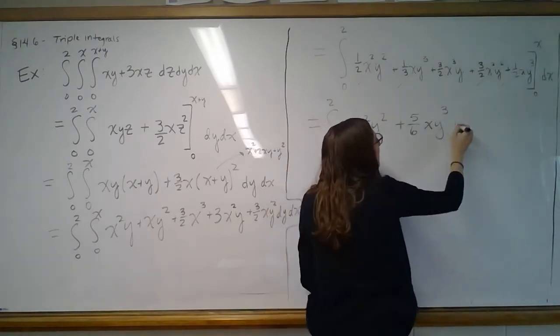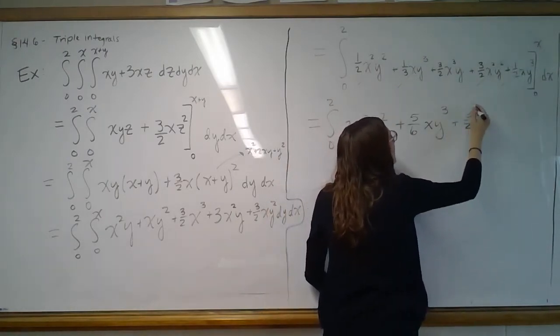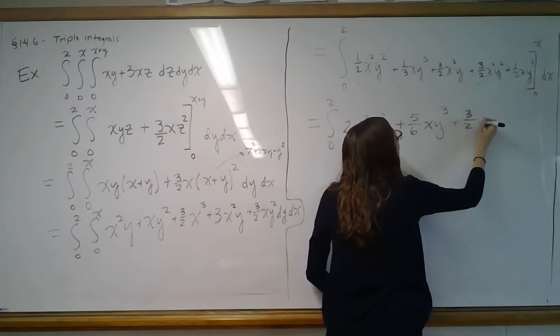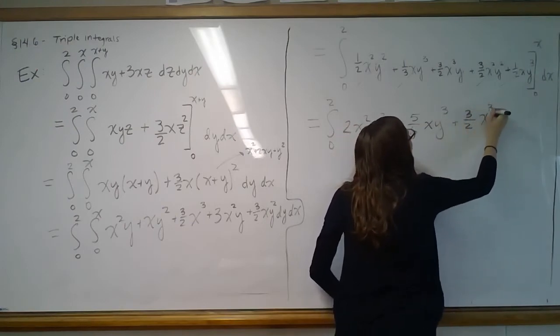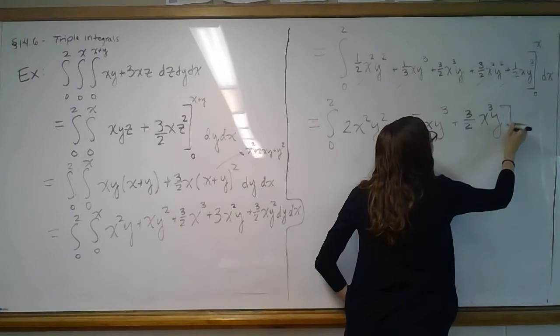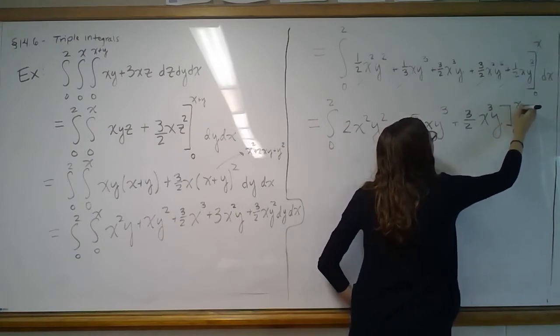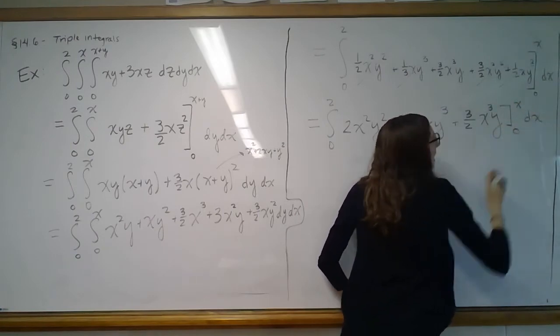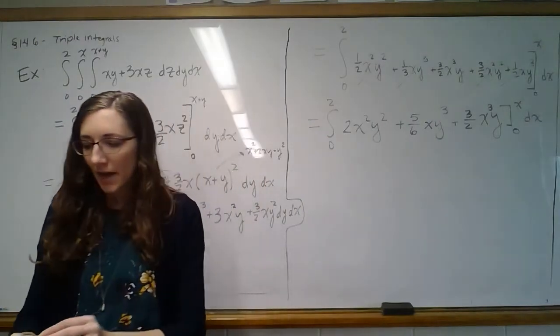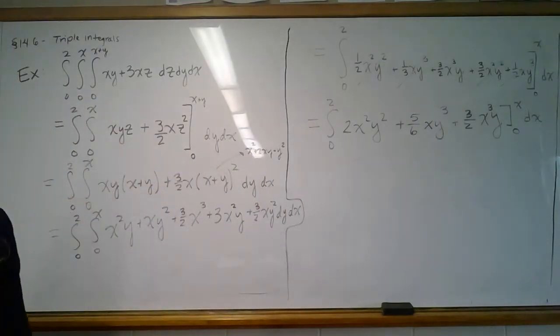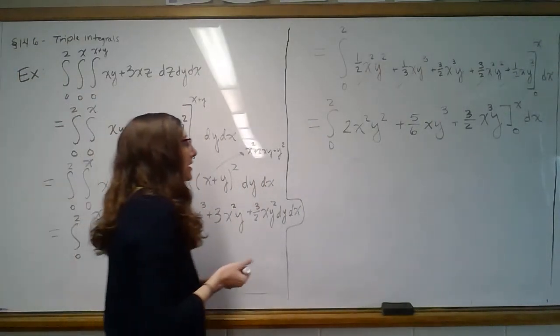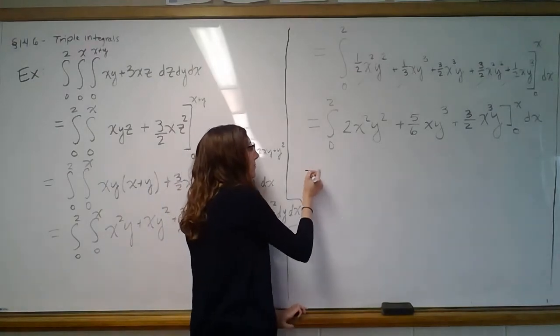So then I'm left with a plus 3/2 x cubed y, and we're going to evaluate that from 0 to x dx. So we need to plug in x's now for the y's. So we're going to get 0 to 2.